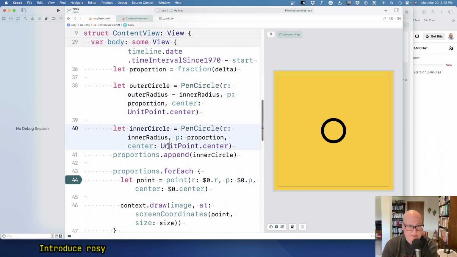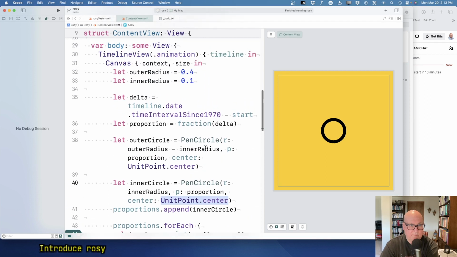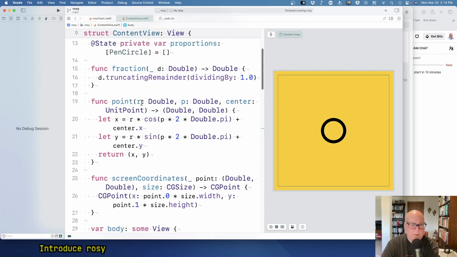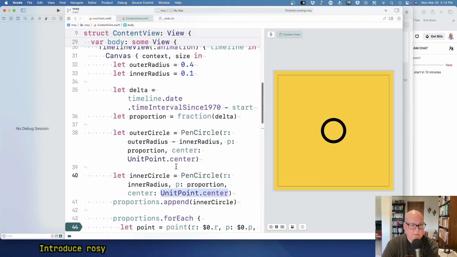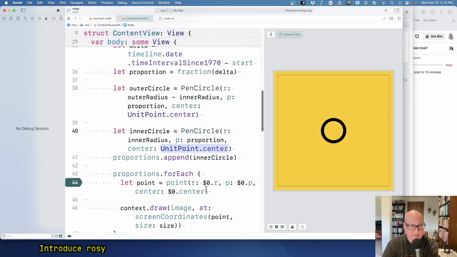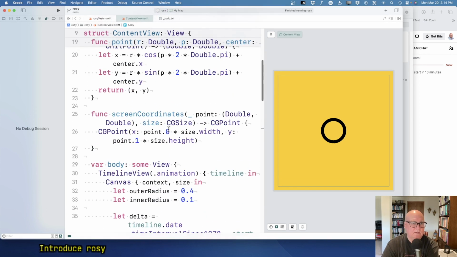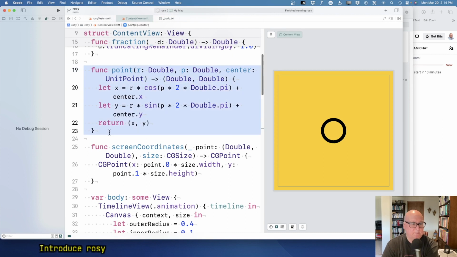Okay, now the center is really, I guess it's point of this stuff. Where's point called? Point of all that. Well, that should just be point of a pen circle. All right, let's make a point of a pen circle.